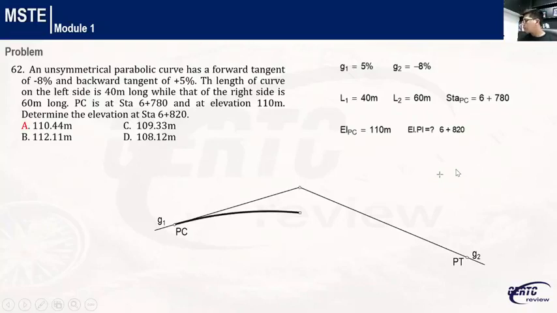Connect natin yung length 1 of the curve. Ito. Okay? And ito naman yung ating length 2. L2, 60 meters. Okay. So, ito yung grade natin at the parang compound curvature, no? The same sa ating compound curve. Compound vertical curvature. Okay.